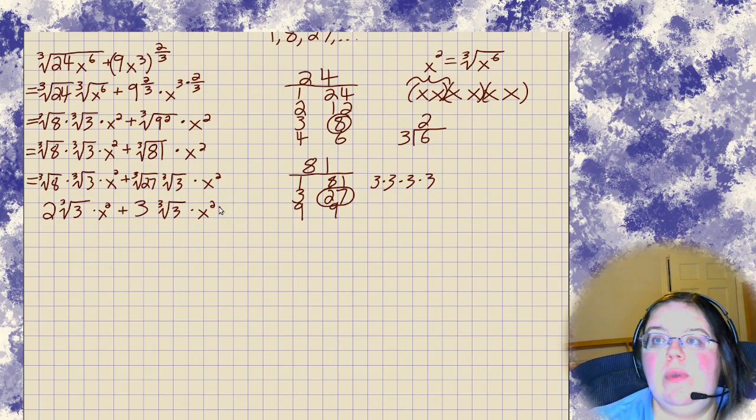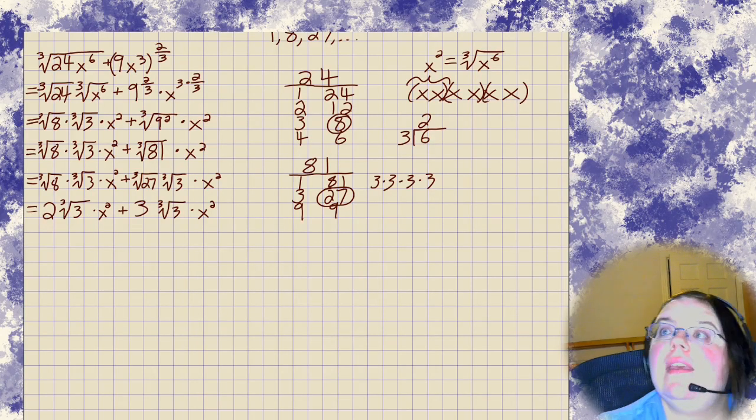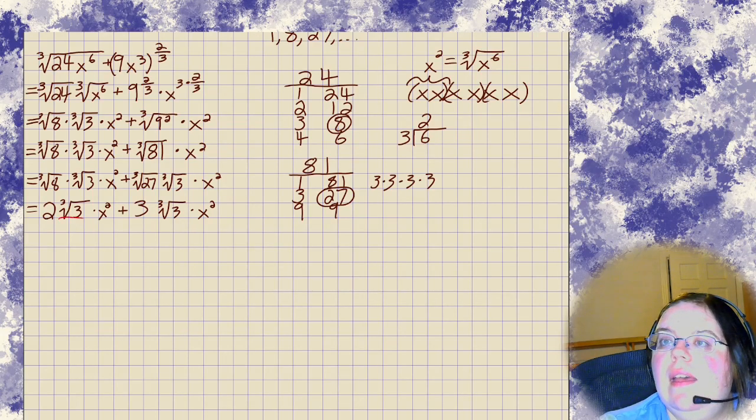Now, a person would have some excuse at this point for thinking they were done, but they wouldn't be done. Here's something I notice. I notice that we've got a like term in terms of the variable, and also like terms based on the radical.